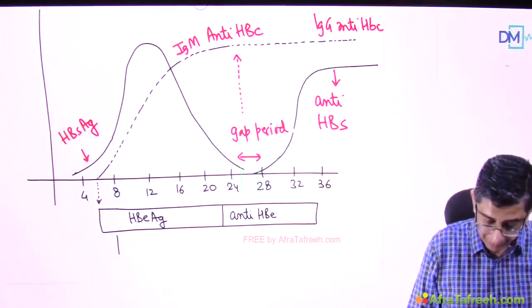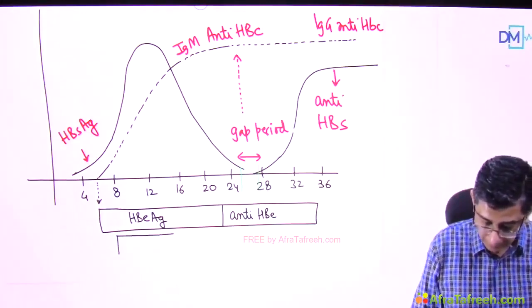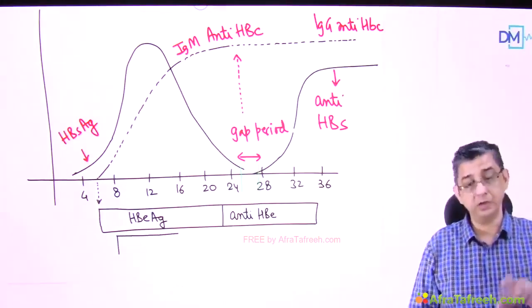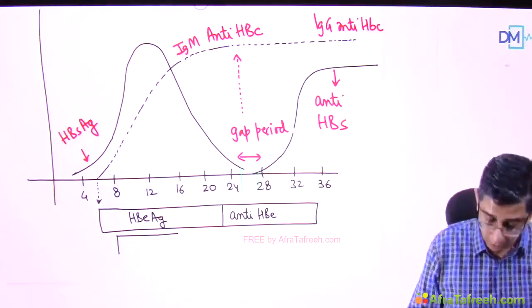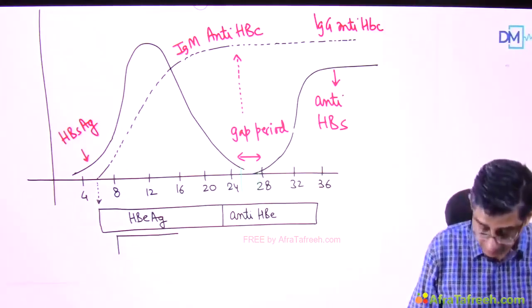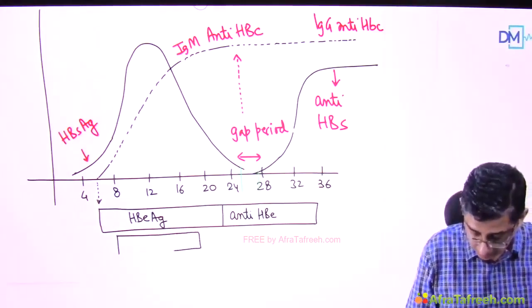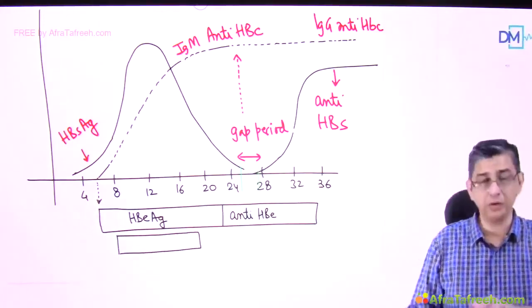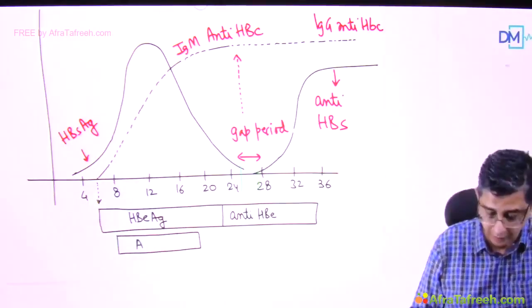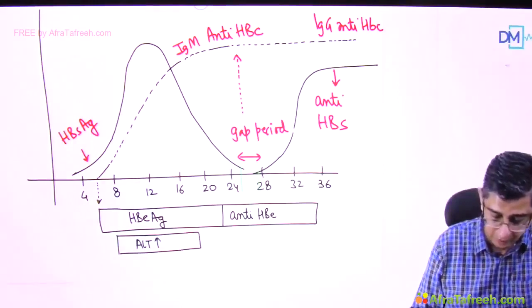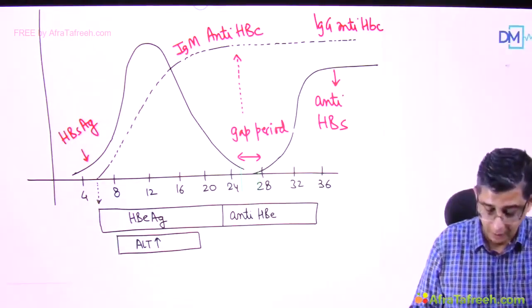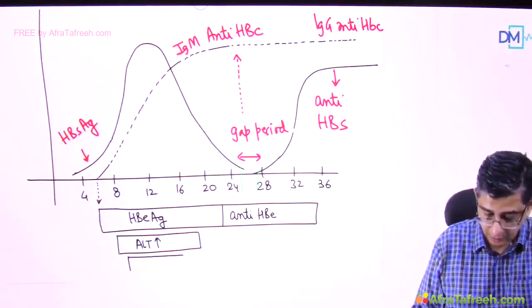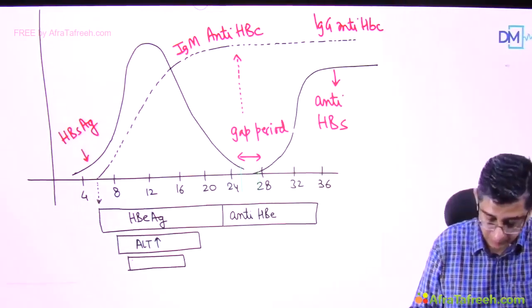Do remember the fact that jaundice will be the last one to appear and the first one to disappear. You can notice in this particular case that the next thing I have shown in the box, around the 8 weeks period, is the elevation of ALT of the patient, also called SGPT, both mean the same. And then comes jaundice, and jaundice will also disappear faster.